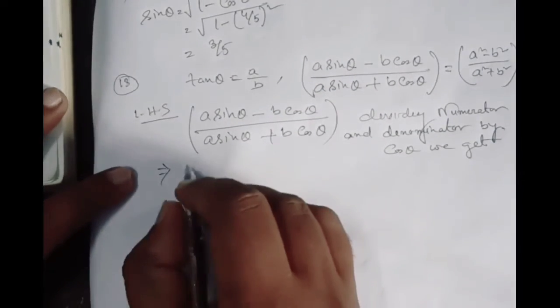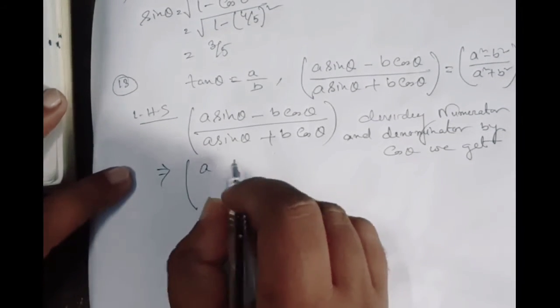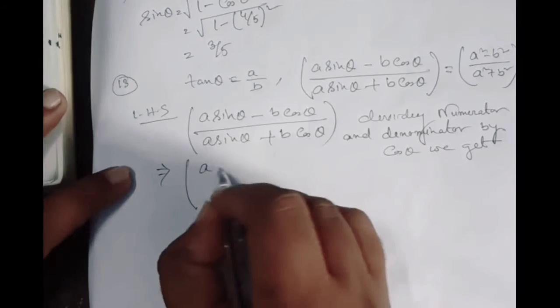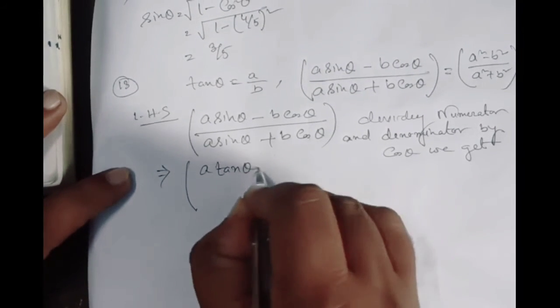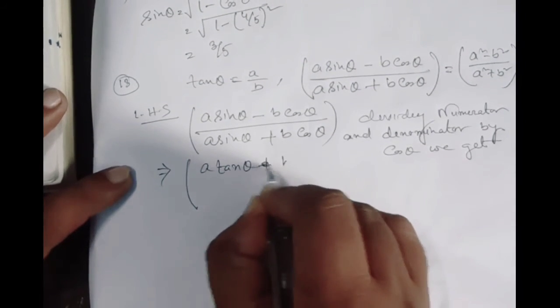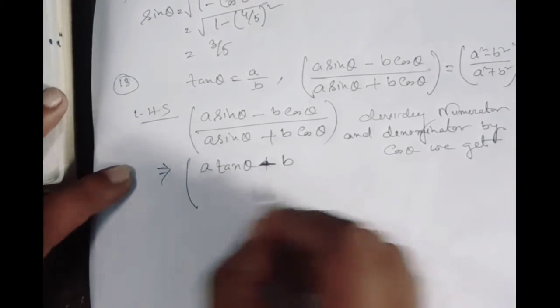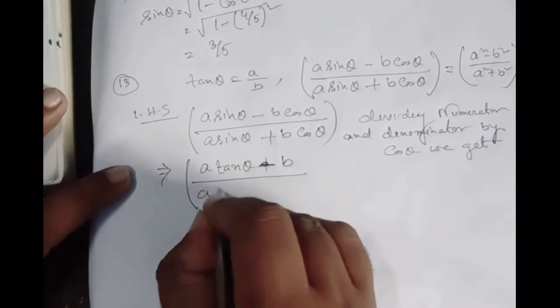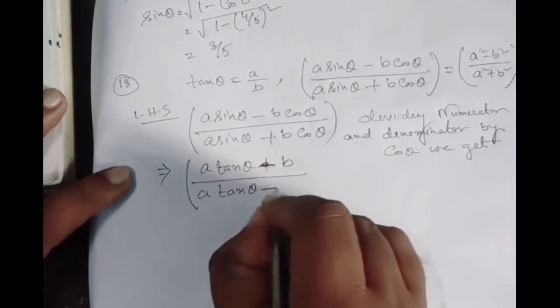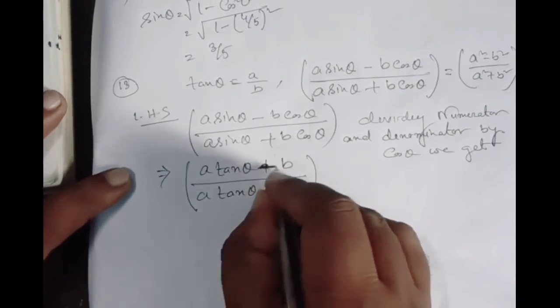So if we divide, so this would be a tan theta minus b by a tan theta plus b. This is minus sign, viewers, okay.